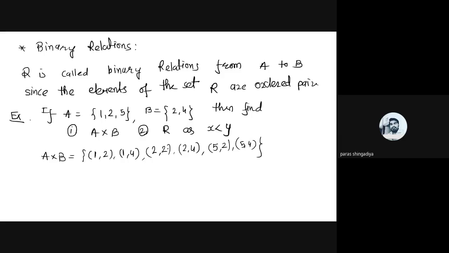Okay, how many pairs can you define in A cross B? That depends on the number of elements mentioned in A and B. Here, three entries are given in A and two entries are given in B. So 3 into 2 will be 6.